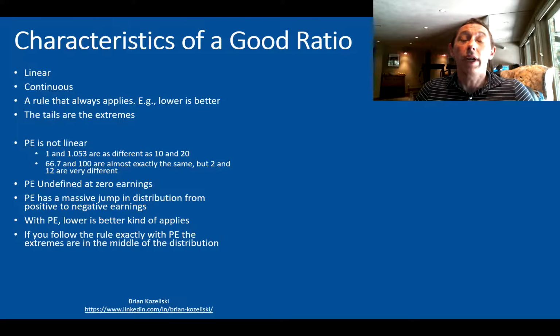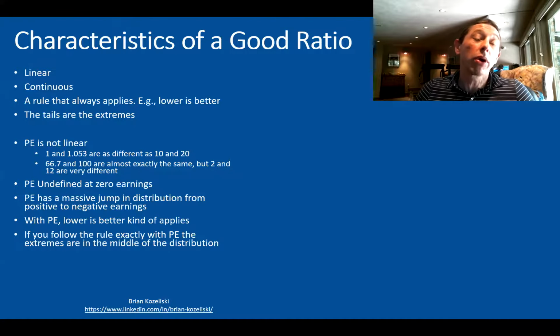In a good ratio, we want a rule that always applies. For example, we want to say the lower the ratio, the better, or the higher the ratio, the better. But with PE, the lower is better rule kind of applies, but again, there's this big problem in the middle of the distribution. And we want in a good ratio that the tails are the extremes.